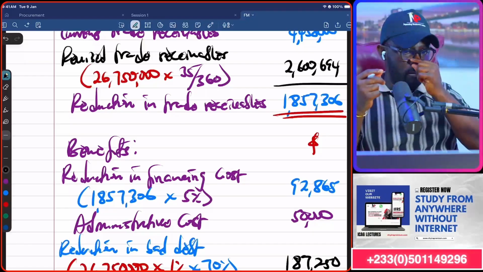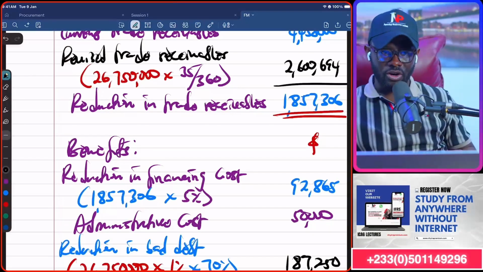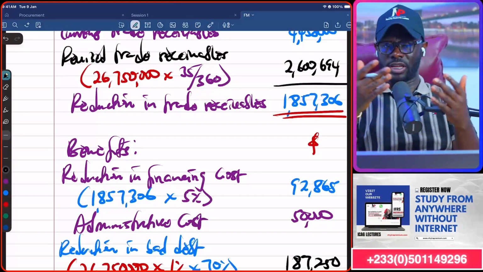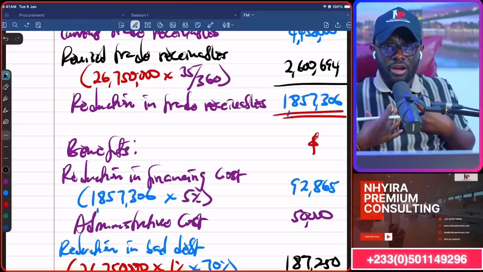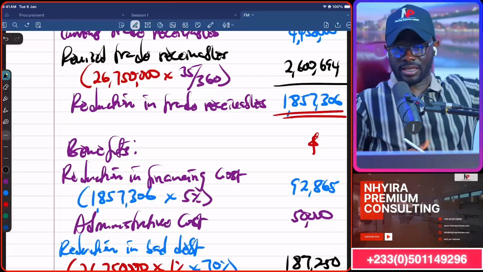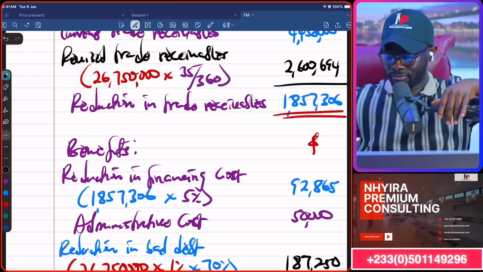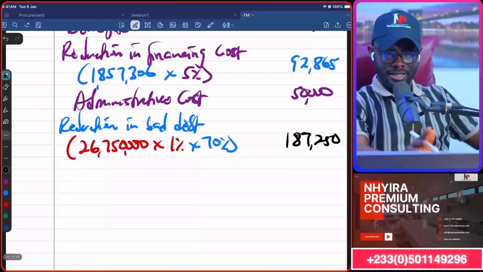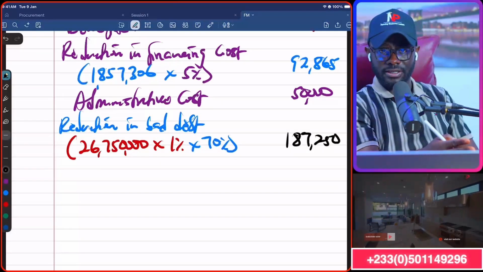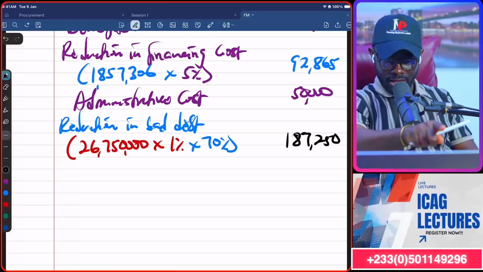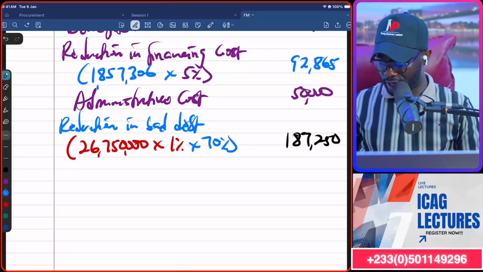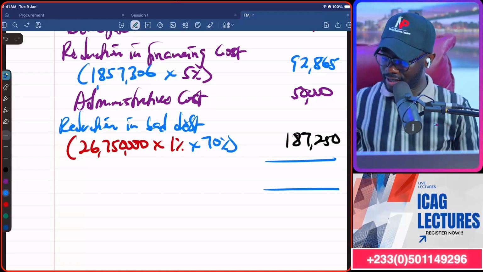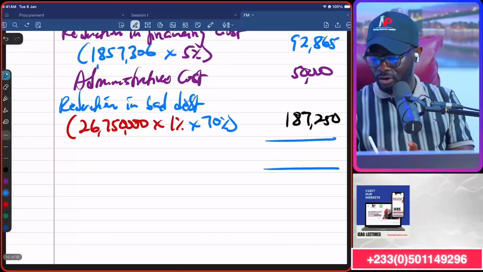Number two, because now the third-party organization is in charge of your receivables, that administrative cost of 50,000, we are not the ones who are going to go after the debtors again. So we are saving that. Then the factor is saying that now your bad debt is 1%. When I come in, I'm going to save you 70% of that. So that is a benefit to us. So in the context of this question, these will be the benefits on the contract.